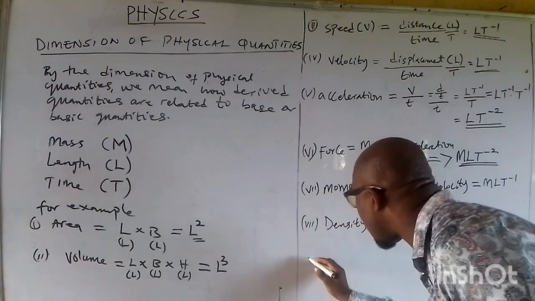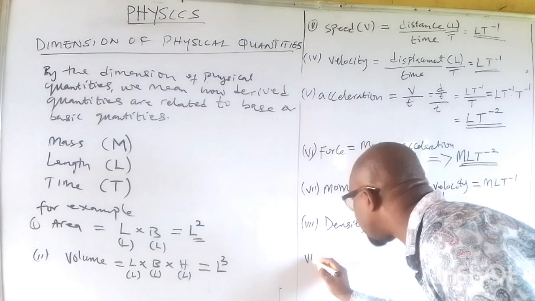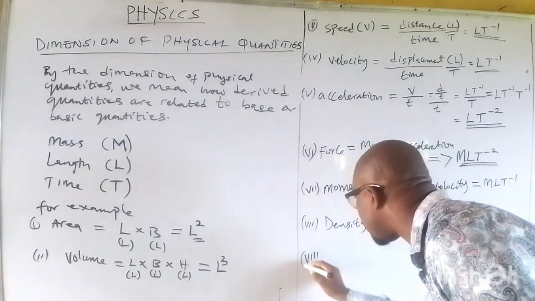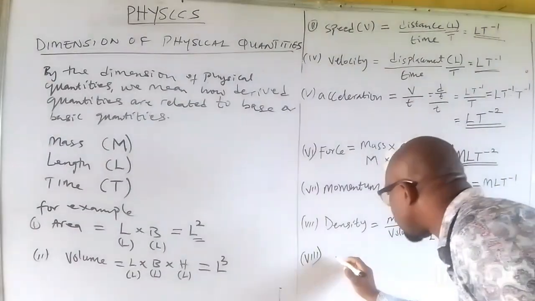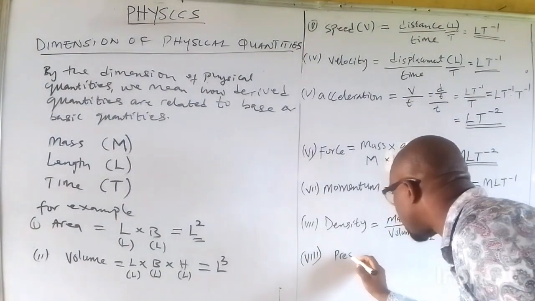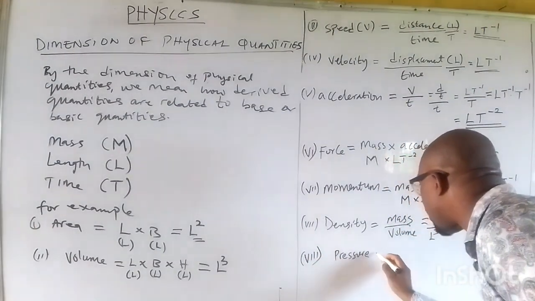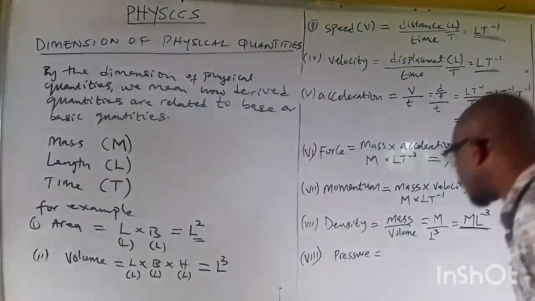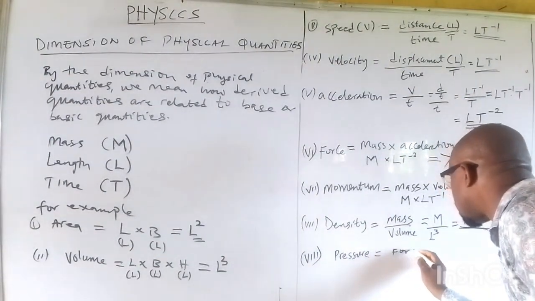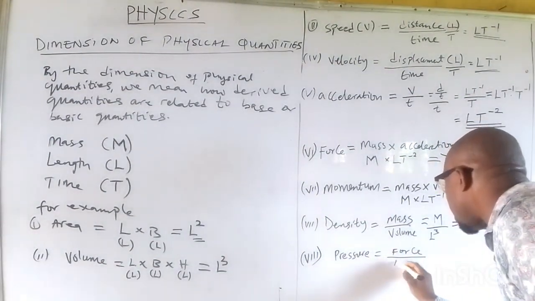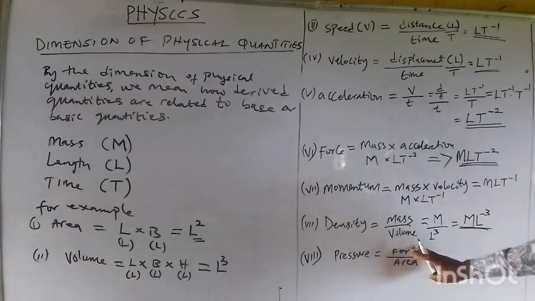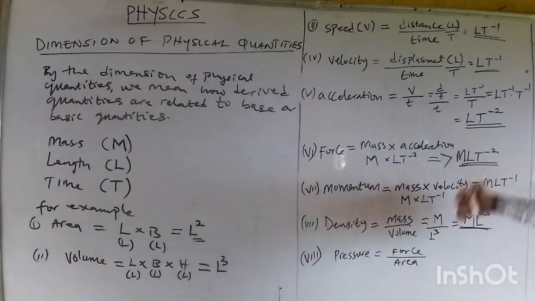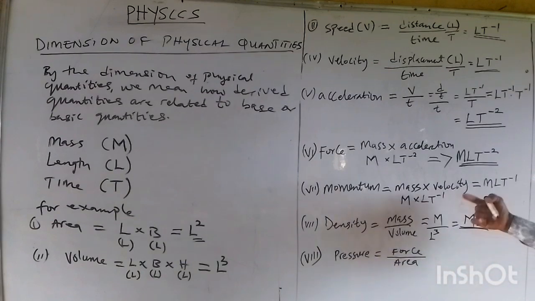Okay, we can now have the last but not the least, pressure. Pressure is expressed as force all over area. Remember, it's either you go through the process one by one.